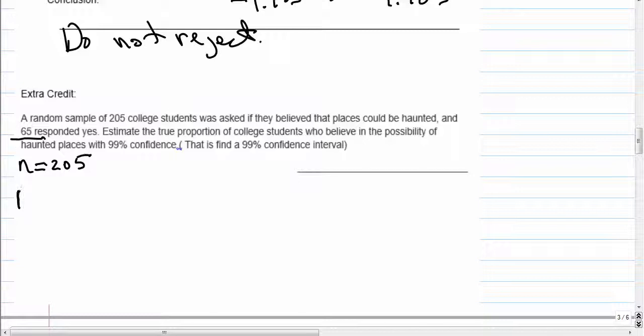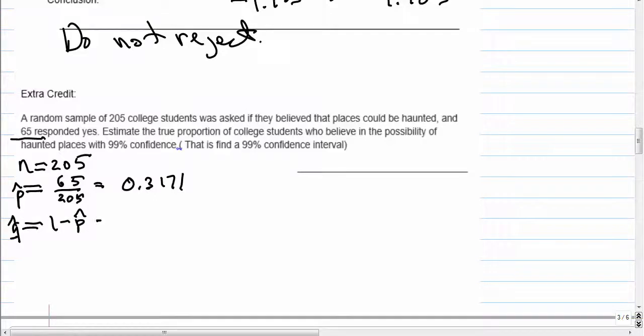That is, the proportion of students, which is denoted by p hat in the sample, is 65 over 205. This is approximately equal to 0.3171. So q hat is 1 minus that, which is 0.6829.